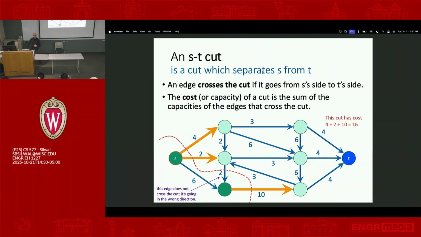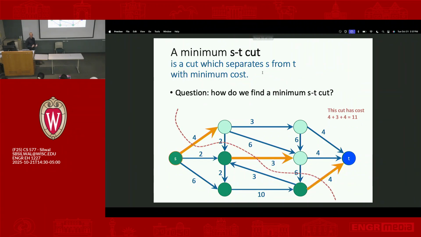But this is not the best cut. There's actually a much smaller cut. For instance, if I cut the graph like this, then the total cost of the edges that go from the S side to the T side is only 11. So one problem that I'm interested in is how do I find the cheapest way to cut S and T? That's called the minimum ST cut.